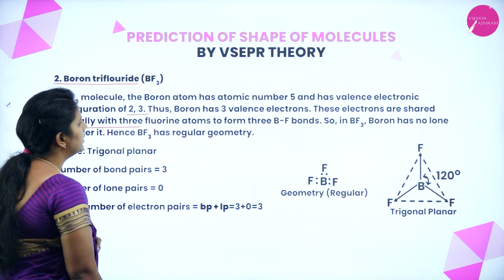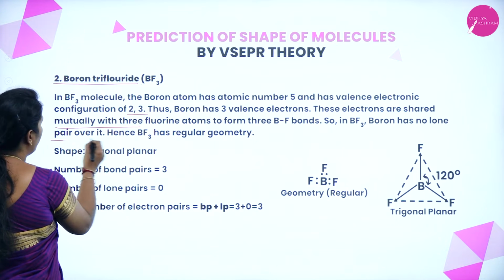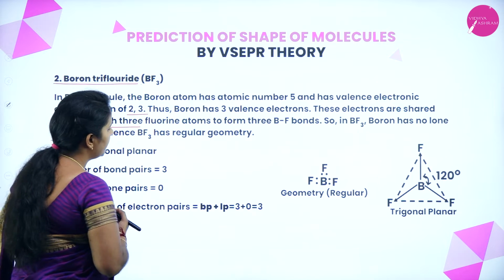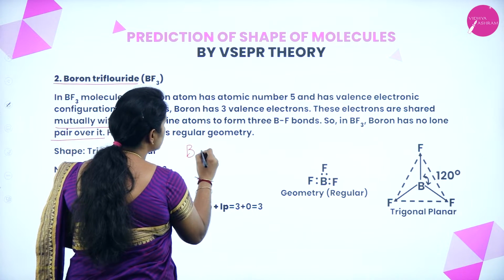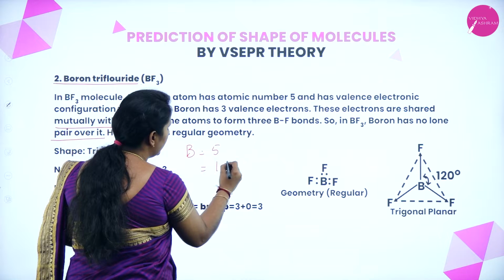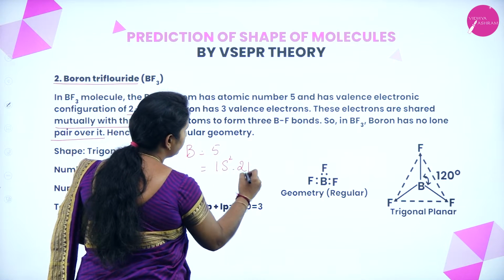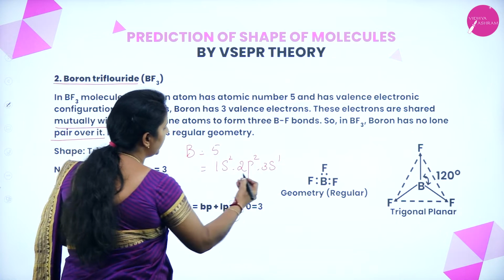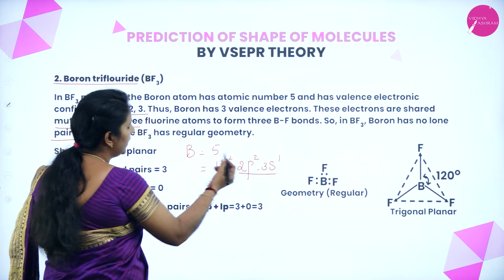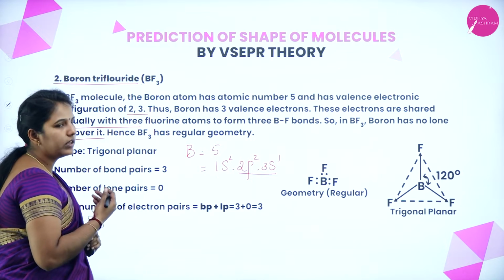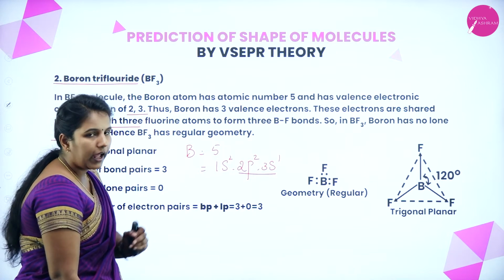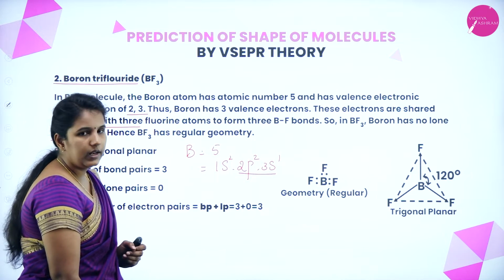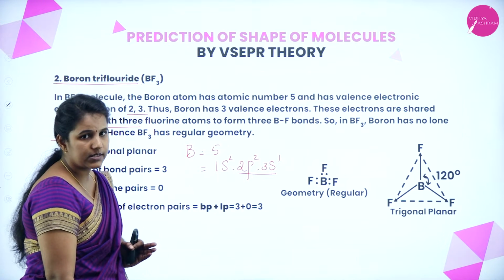In BF3, the boron has no lone pair of electrons, hence it has a regular geometry. Already we have understood that boron consists of 5 electrons, and 3 of them are unpaired electrons. These 3 electrons get paired up with the 3 different fluorine atoms and form a regular trigonal planar structure.